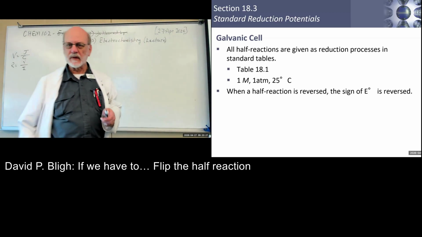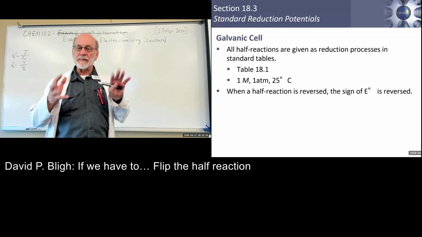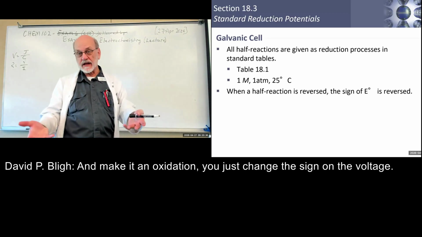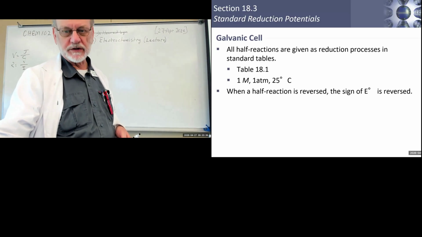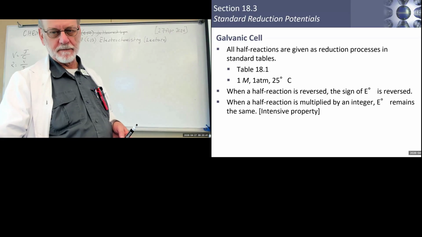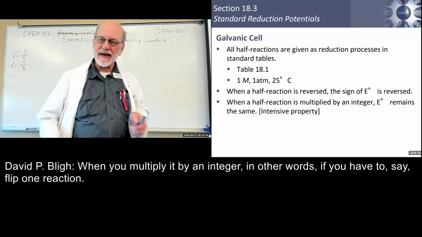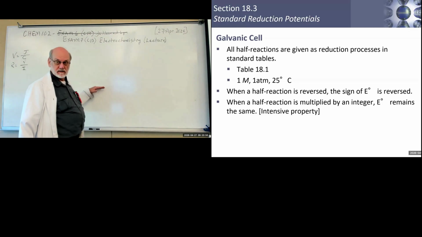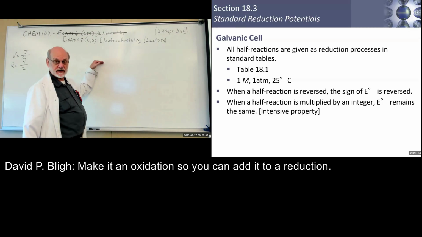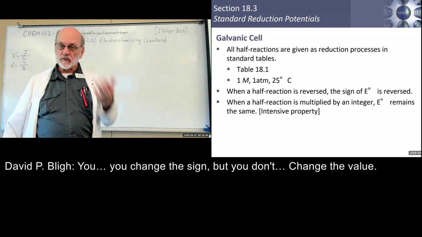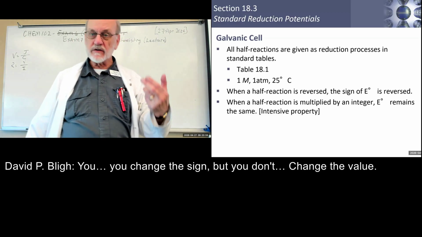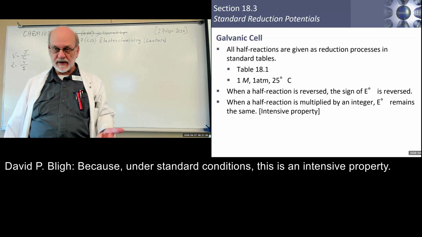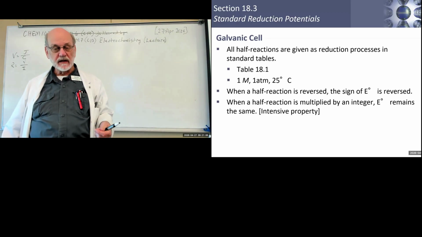If we have to flip the half reaction and make it an oxidation, you just change the sign on the voltage. That's all that's needed. When you multiply it by an integer, in other words, if you have to flip one reaction, make it an oxidation so you can add it to a reduction, you change the sign, but you don't change the value, because under standard conditions, voltage is an intensive property.